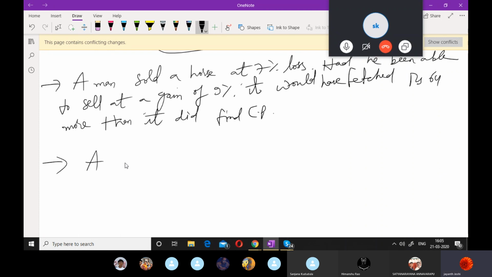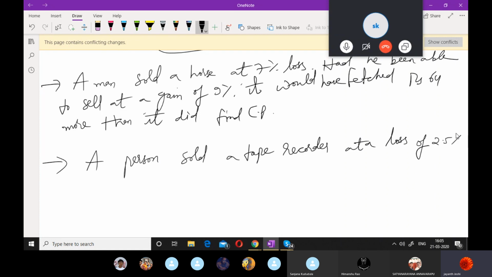This question you can do as homework. A person sold a tape recorder at a loss of 2.5%.